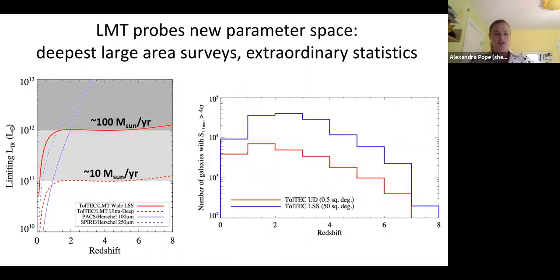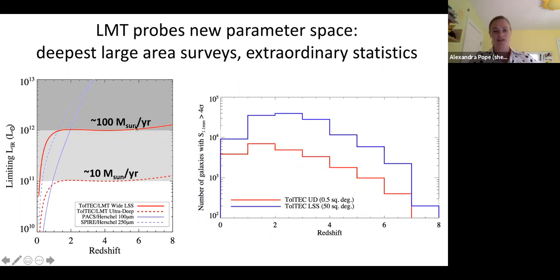And so these are just a few graphs quantifying those 2 extragalactic surveys. This is showing, as a function of redshift, the limiting infrared luminosity that we get down to. And this is just to demonstrate, with the ultra deep and with the large scale structure, this negative K correction that we get at millimeter wavelengths, because you're climbing up the Rayleigh-Jeans tail as you push the galaxy to higher redshifts.